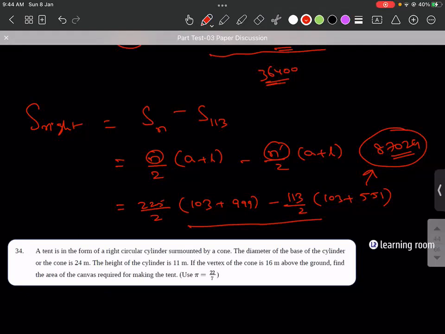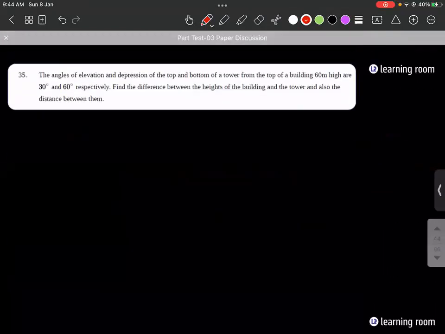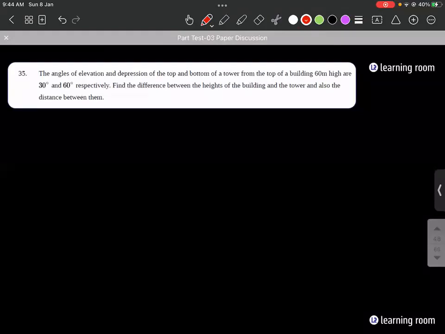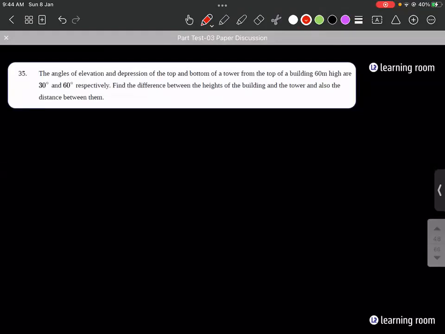So can you do the 35th question, sir? The angles of elevation and depression of the top and bottom of a tower from the top of a building 60 meters high. So there is a building, there is a tower.